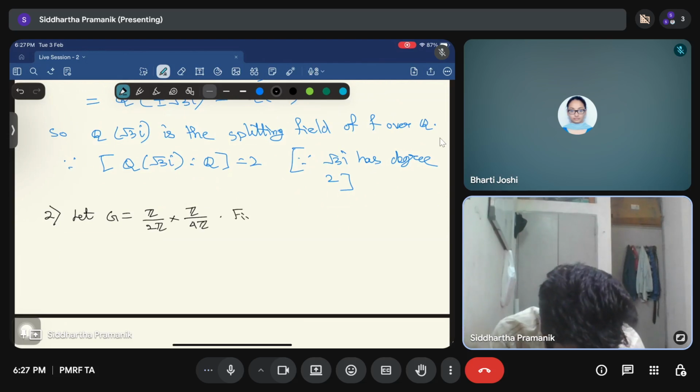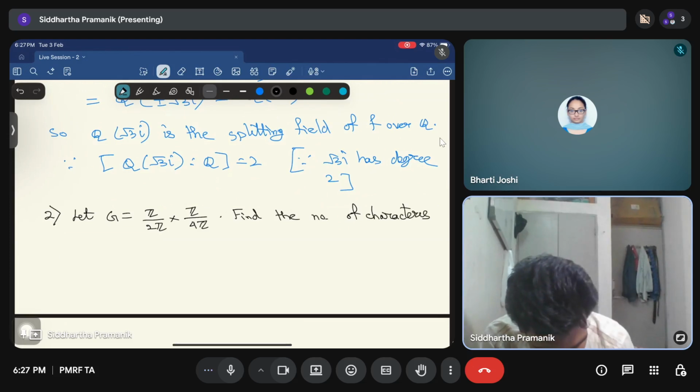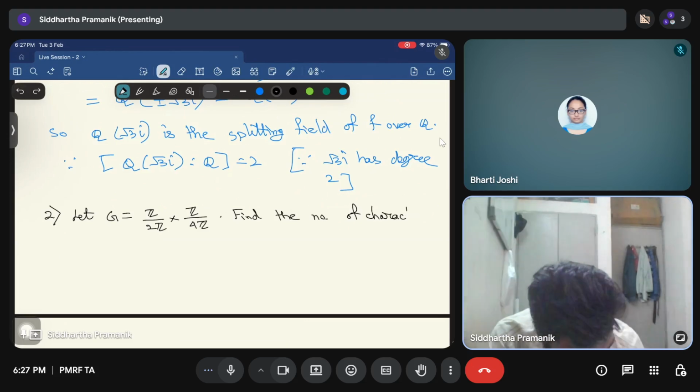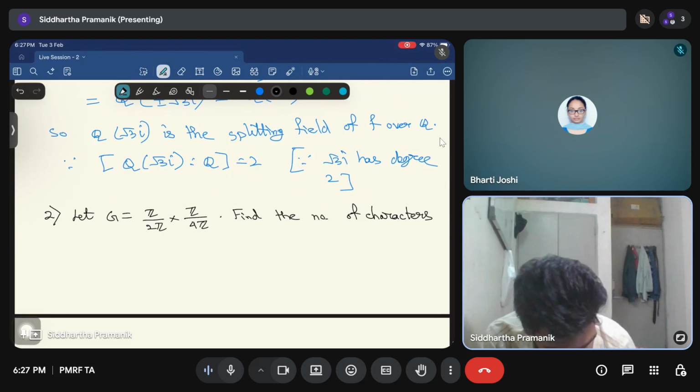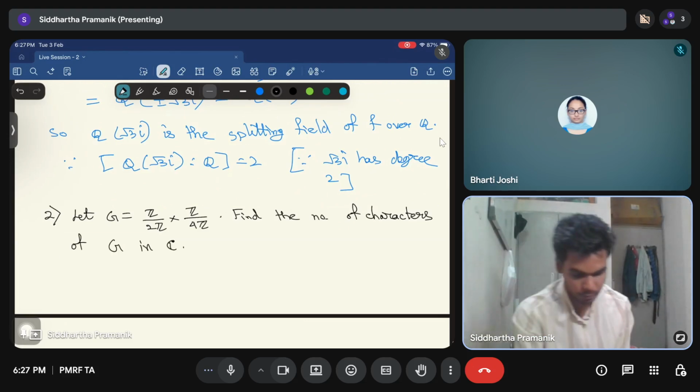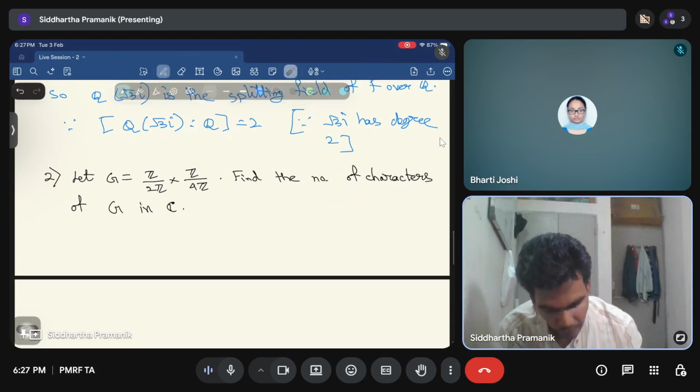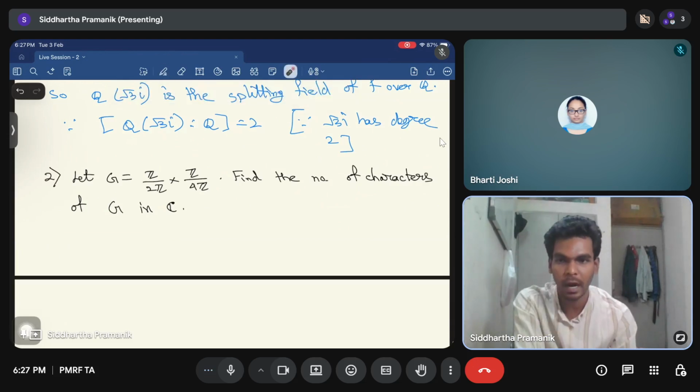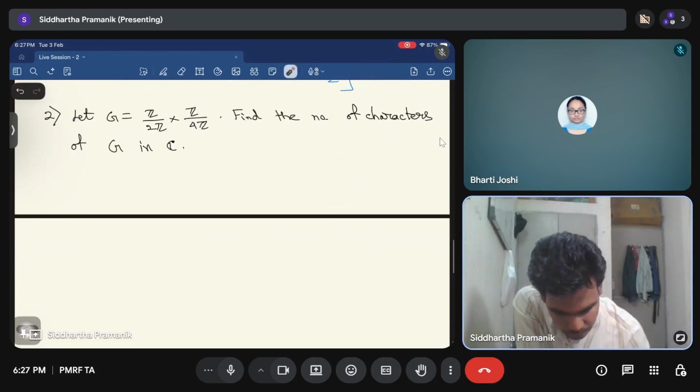Then find the number of characters of G in the field C, field of complex numbers. So we need to find how many characters of G are there in field C.